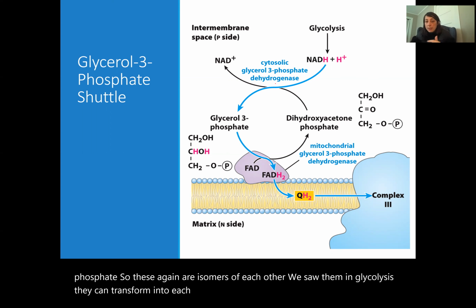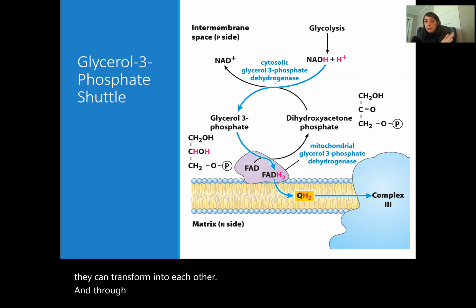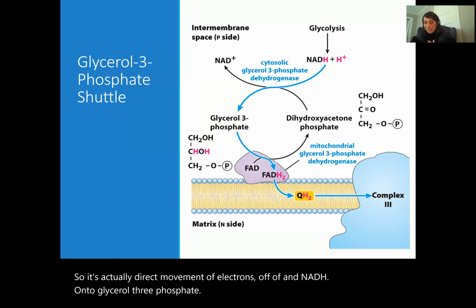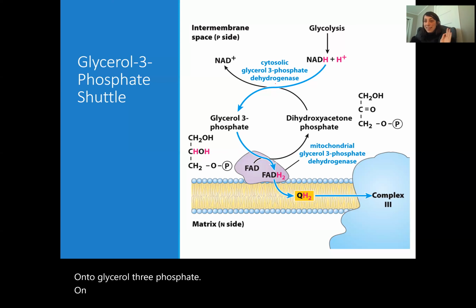And through this process, we actually can move electrons through glycerol 3-phosphate into a coenzyme Q. So it's actually direct movement of electrons off of an NADH onto glycerol 3-phosphate, onto a coenzyme Q, and that feeds right into the electron transport chain.